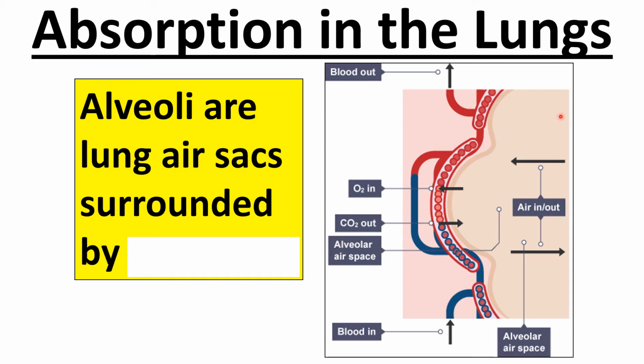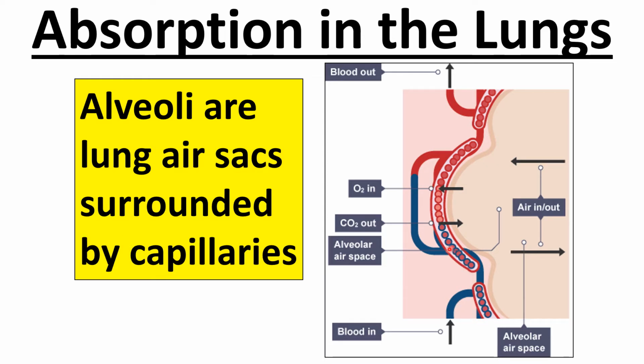So this is what it looks like. You imagine your trachea came down and then divided into bronchi, and then your bronchi became the alveoli. This is still within the lungs, and here are blood vessels surrounding the alveoli. The alveoli are commonly known as air sacs, and they're surrounded by capillaries.